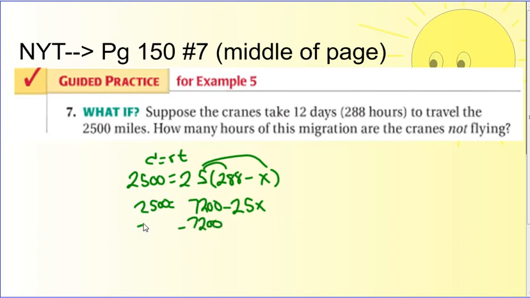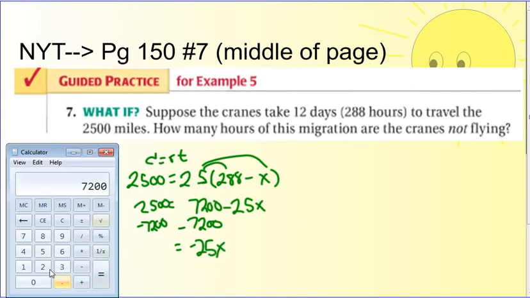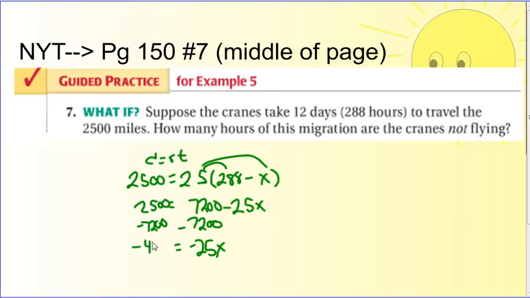Minus 7,200. And let's see, 2,500 minus 7,200 equals negative 4,700.